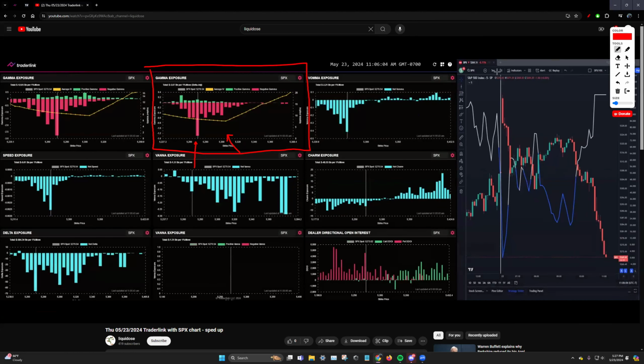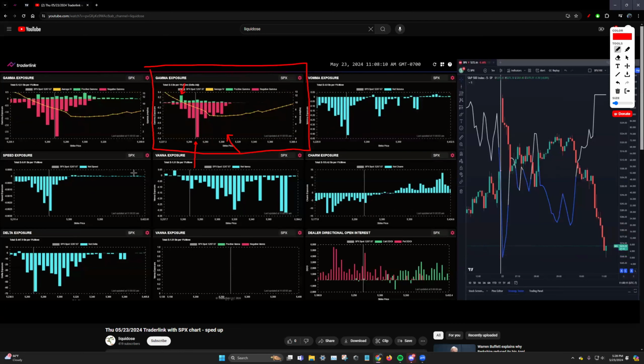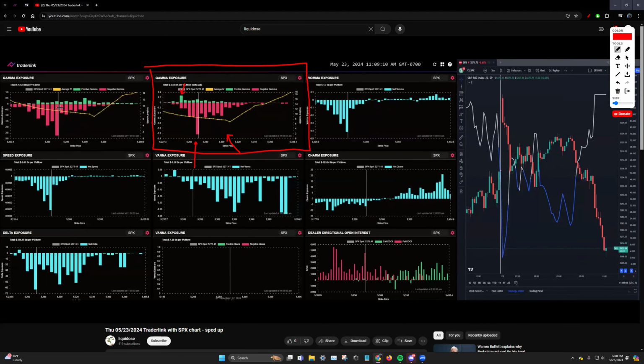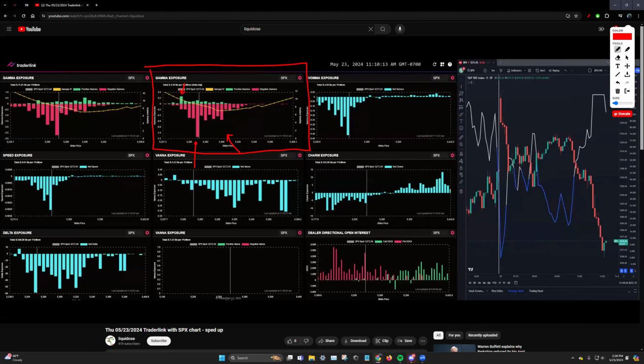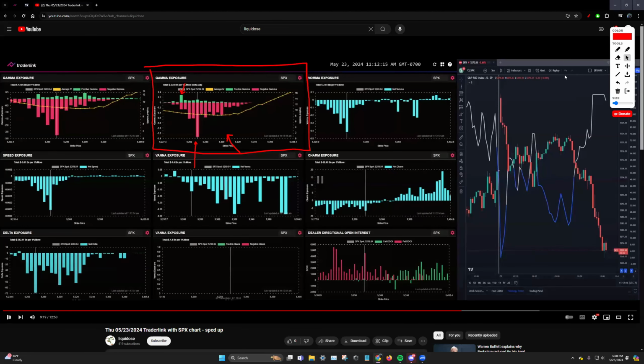Other thing to pay attention to: look at what's picking up, 5250. And 5270 is a negative GEX level. What is negative exposure? What can it act like?